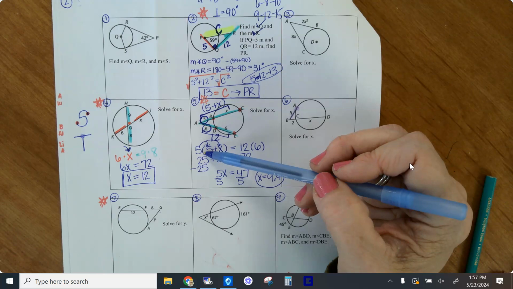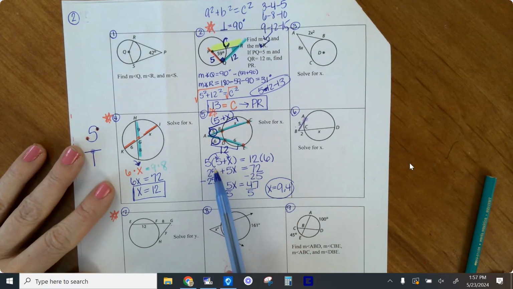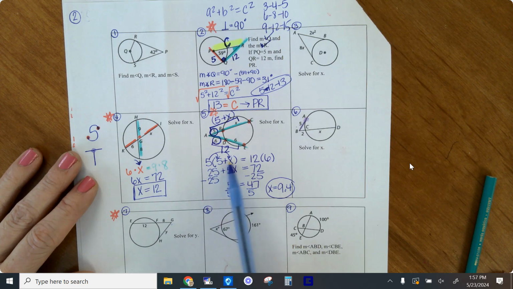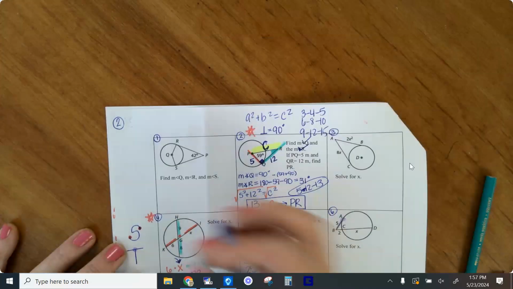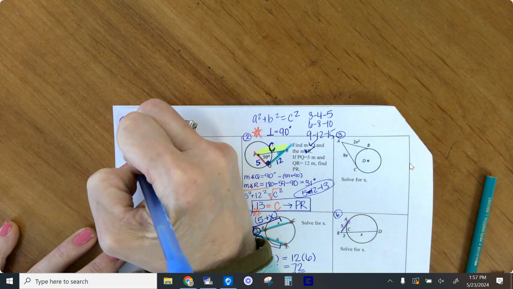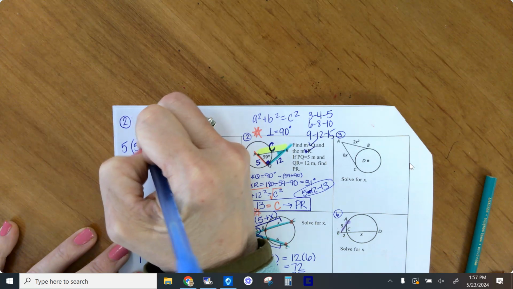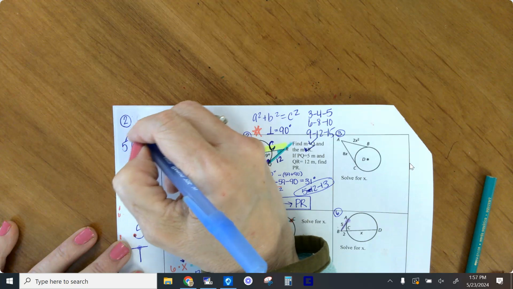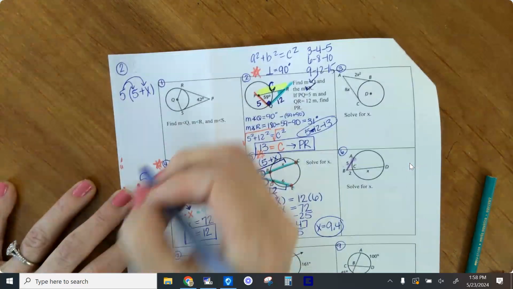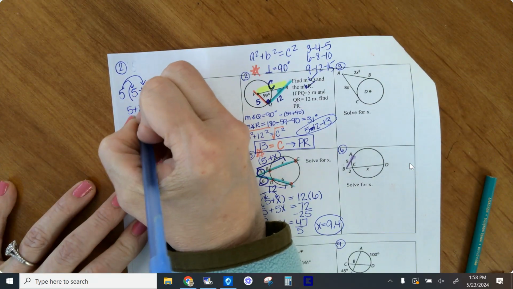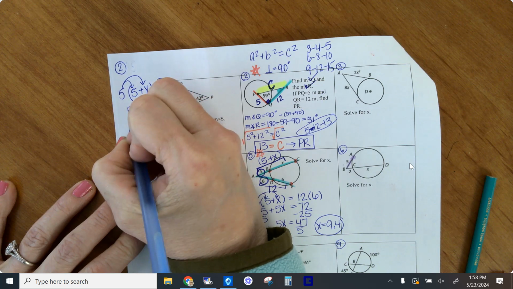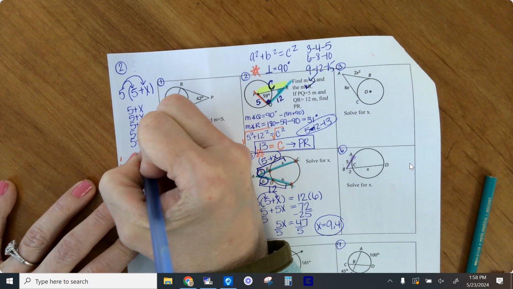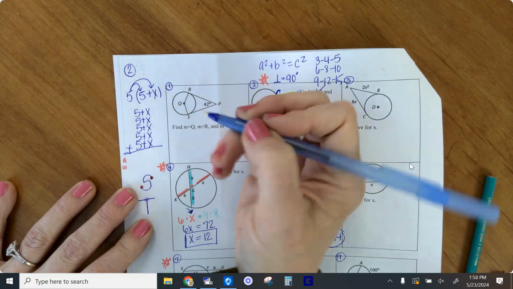And by the way, just a little side note. If you're someone sitting here going, I still really don't get why we're distributing? Because if I have 5 sets of 5 plus x, it's a lot easier to multiply than to write 5 plus x down 5 times, which you can do, and then add that up.